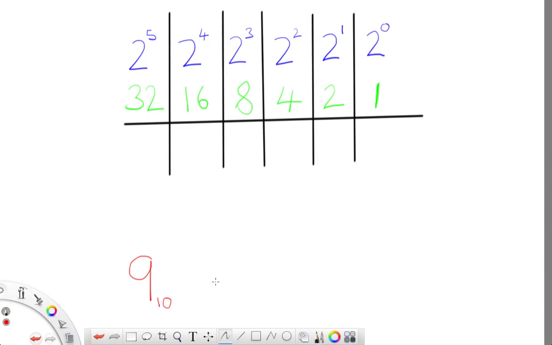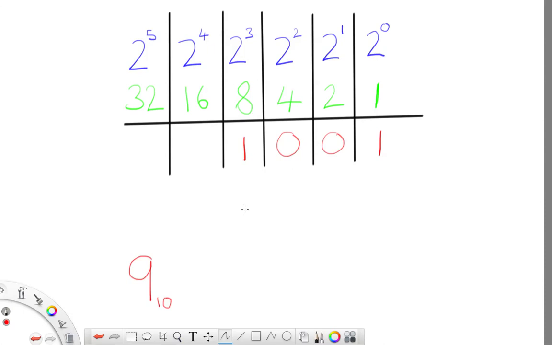The base can go at the bottom. What's that in base 2? How could I represent that in base 2? Well, I don't want any 32s, I don't want any 16s. I'm going to have an 8. 8, how many more do I need to get to 9? I need no 4s, no 2s, and 1.